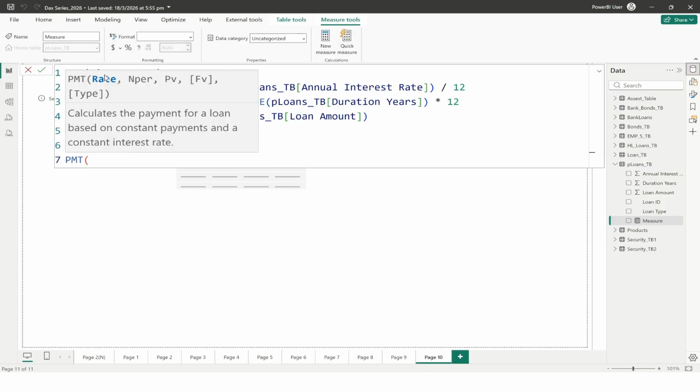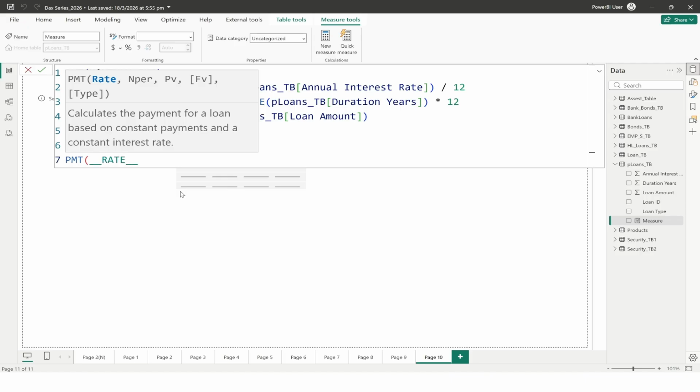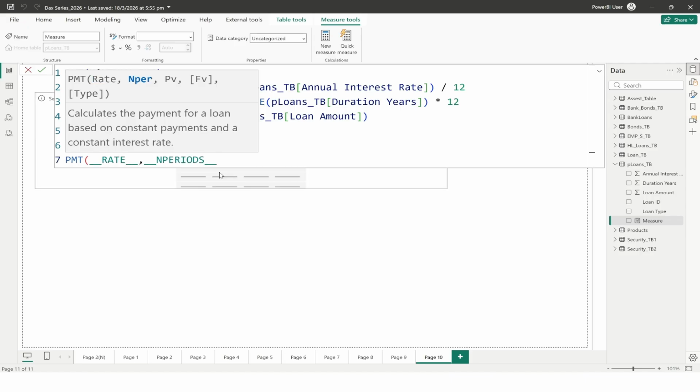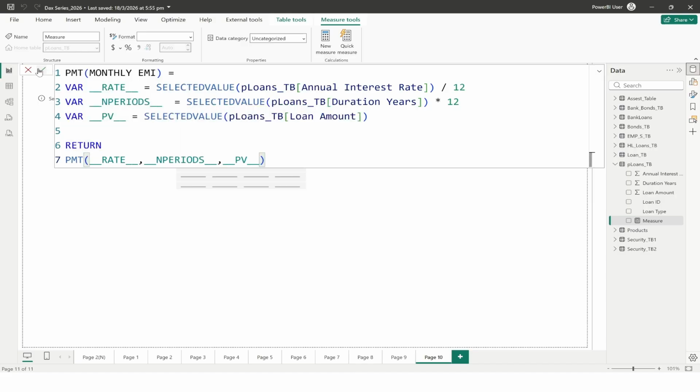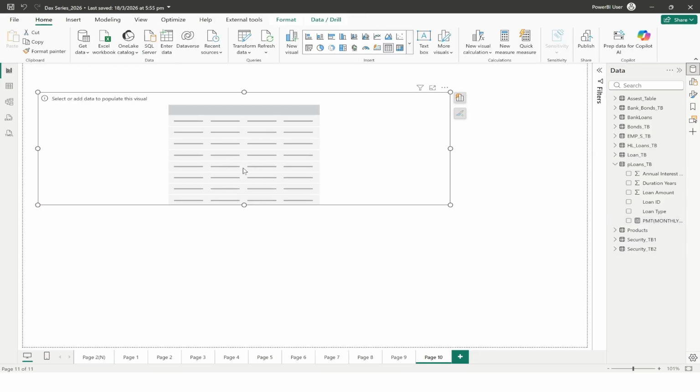In this, as per the syntax, first call rate variable. Next call number of periods variable. Next we can call present value. So these two are optional, future value and type, for now it is not required. Let's close the bracket and let's execute this. Fine. Now it is successfully created.